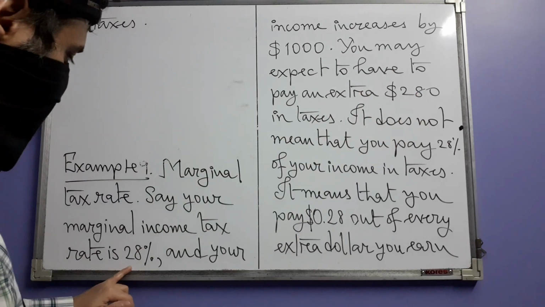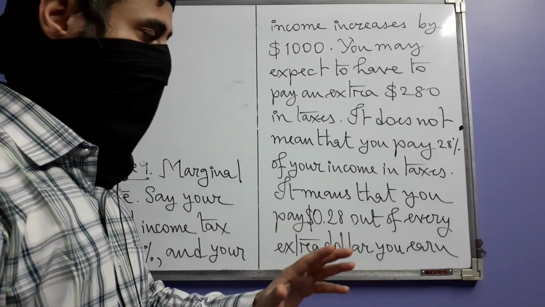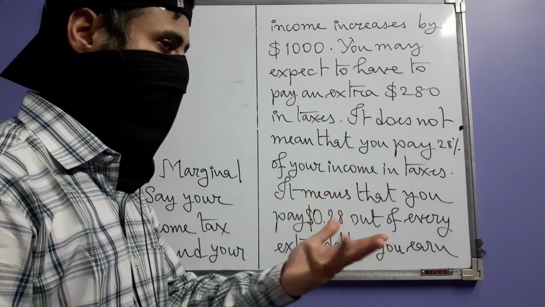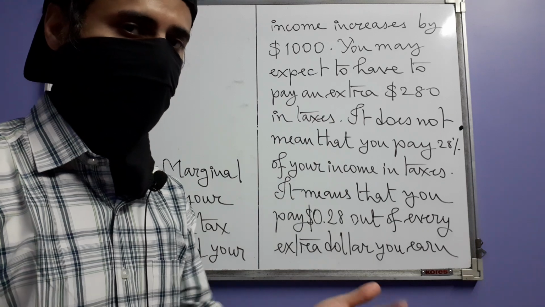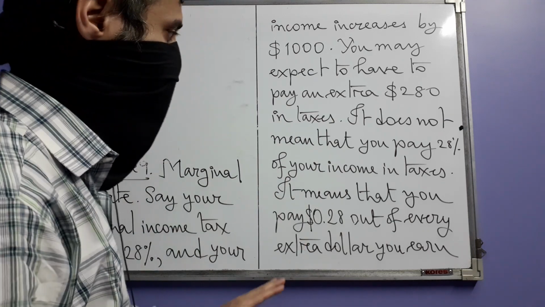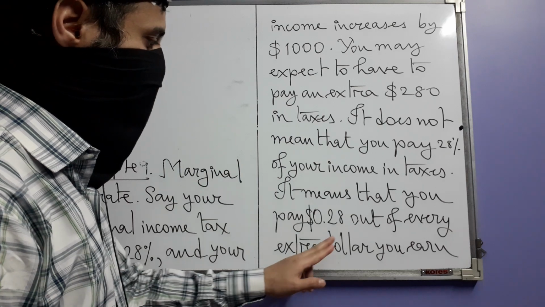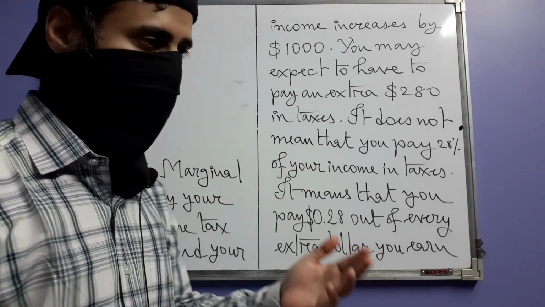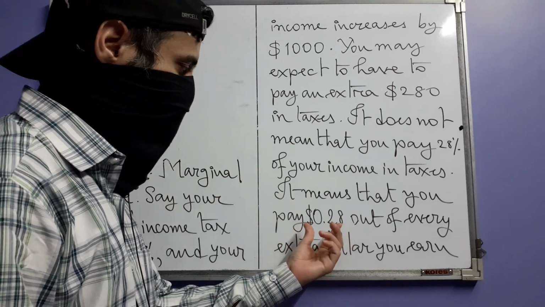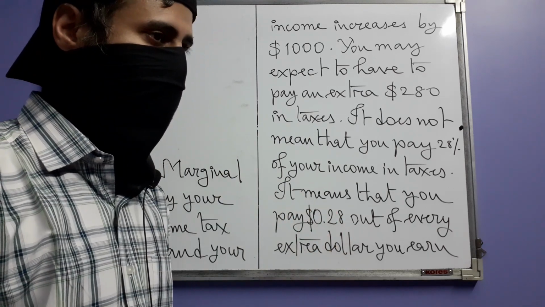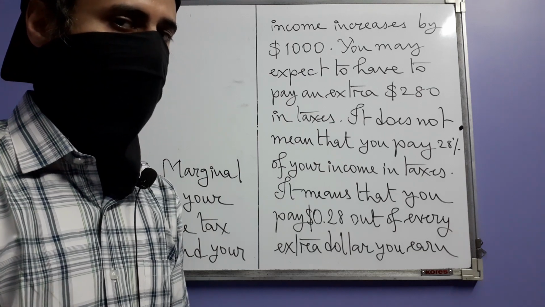The marginal rate being 28% doesn't just simply mean that say you earn X dollars, 28% of X dollars is what you have to pay in taxes. No. It means that for every extra dollar that you earn, when your income increases, for every extra dollar you have to pay this much to the government in income taxes.